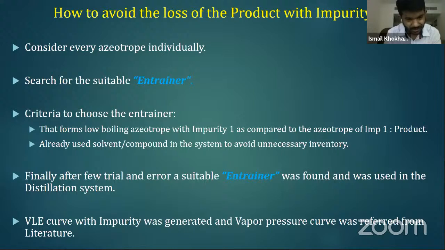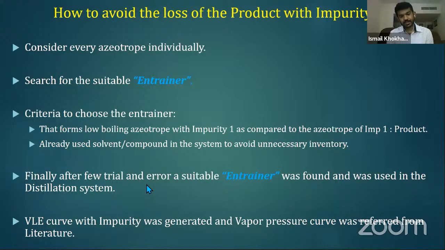So after a series of trial and error, a suitable entrainer was found. And here I have not mentioned one more thing, that we required an entrainer that also forms a heterogeneous azeotrope. So that was another criteria as well.